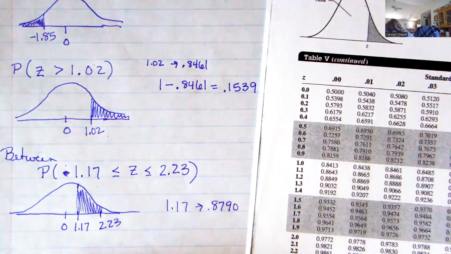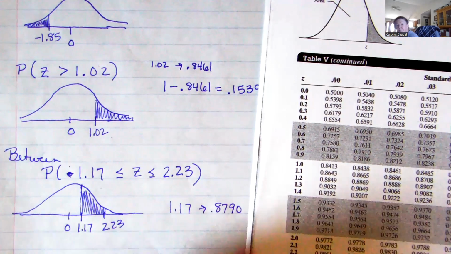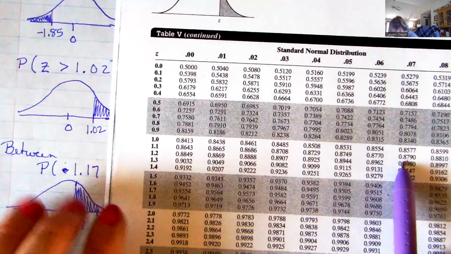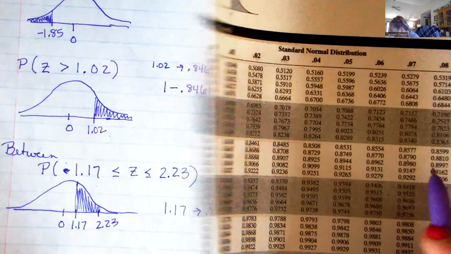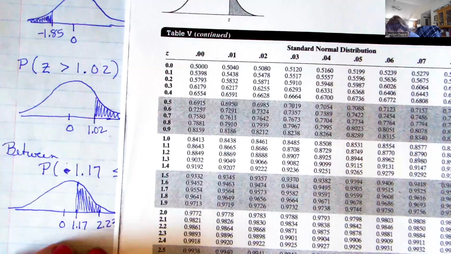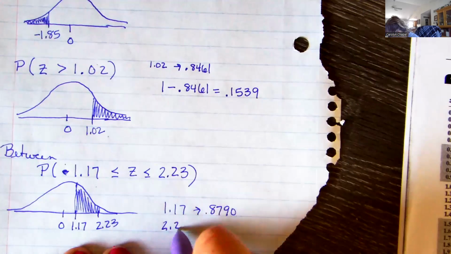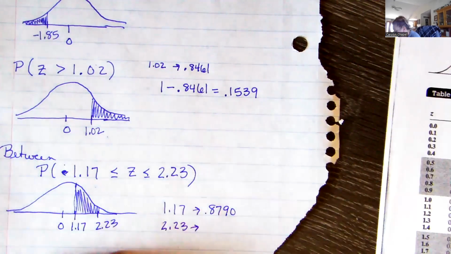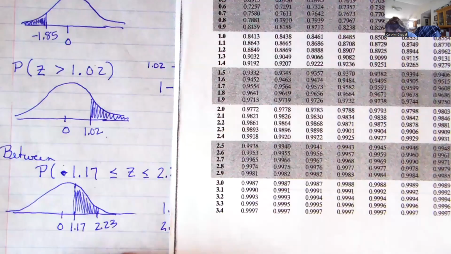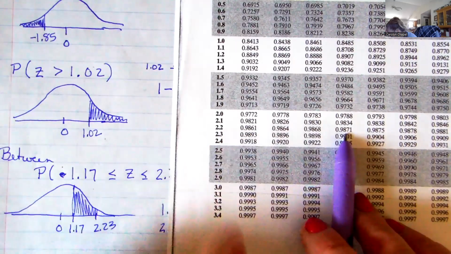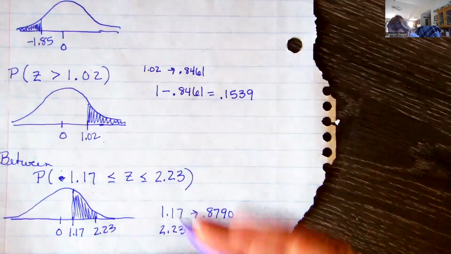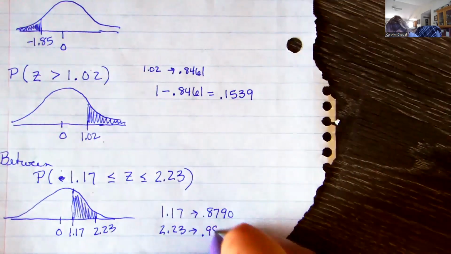Just going to double check here. 1.17 is 0.8790, and I'm also going to look up 2.23. And then I'm going to use the idea of what these numbers represent. 2.23 is 0.9871.